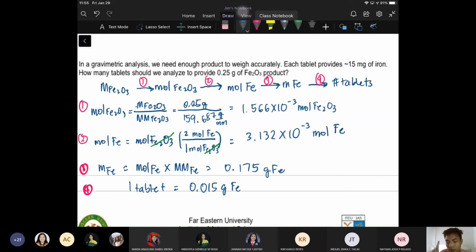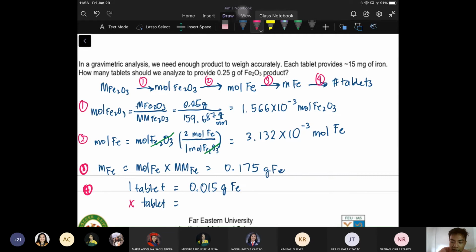Sabi sa problem, sa second sentence, isang tableta equals 0.015 grams iron. Ito yung susunod na tanong. Ilang tableta? How many tablets? How many tablet is equivalent to this amount of substance?